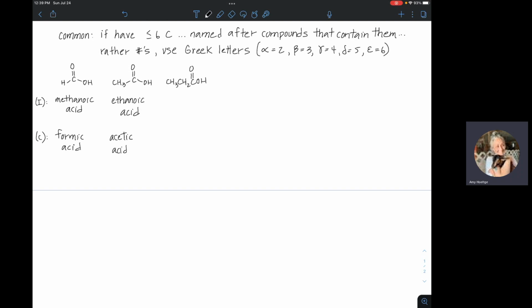Or if you're using common nomenclature, that would be the alpha position, right? So this would be propane if it was an alkane. So this is propanoic acid. And the common name is not too far off. 3 carbons, let me move this over so it looks like it goes with that, is actually propionic acid.